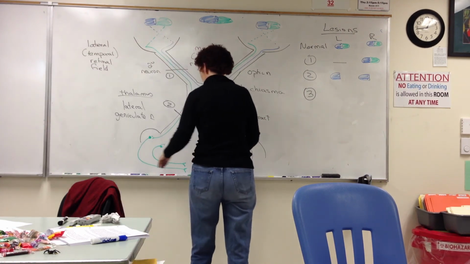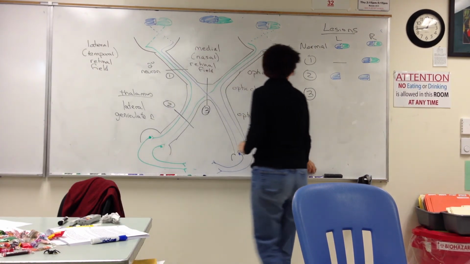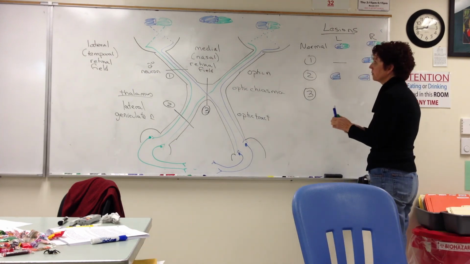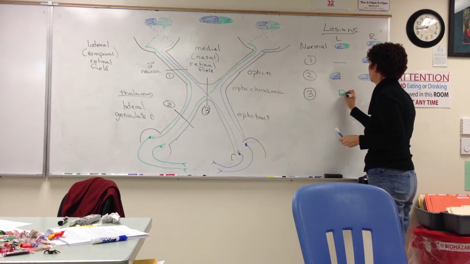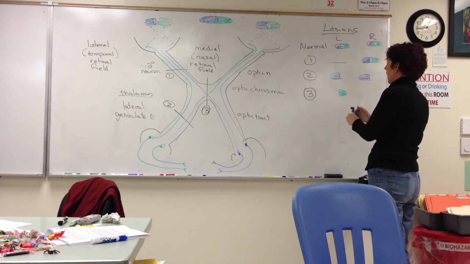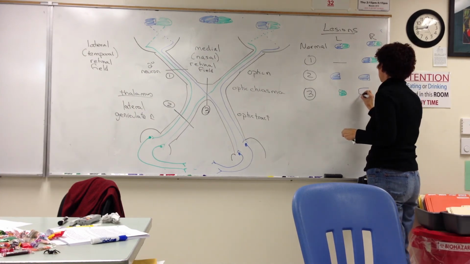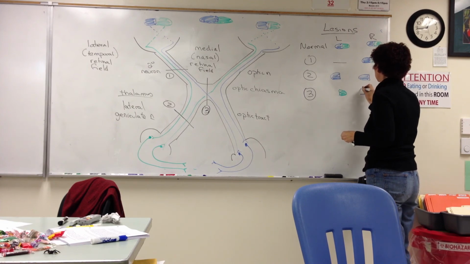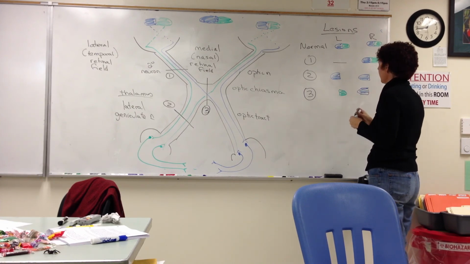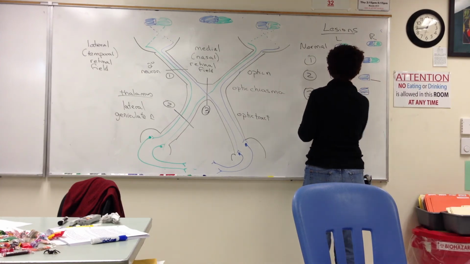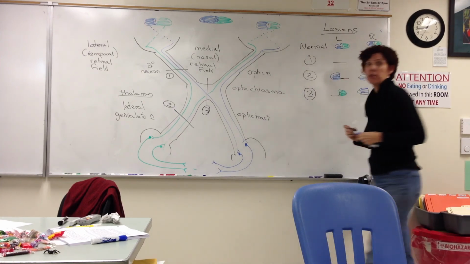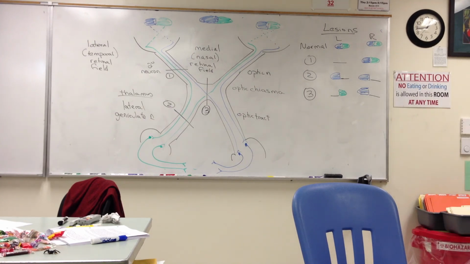And so if I were to put that up on the board here, I would see that with my left eye, and I would see that with my right eye. The black lines show where the vision is absent.